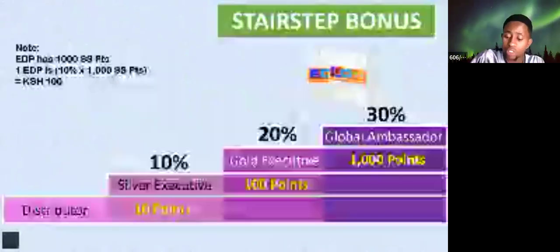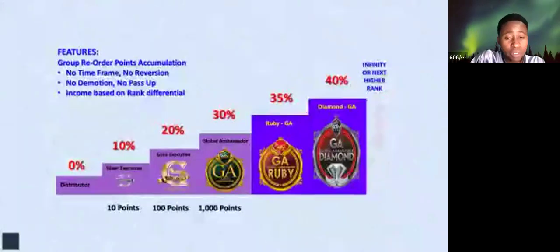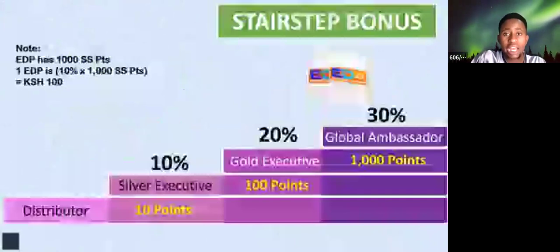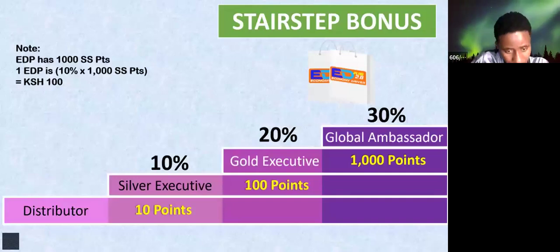Now, these percentages are the ones that are used to calculate your Unilevel, your UPP, and your Stairstep income. Now let's talk about Stairstep bonus. Stairstep bonus is earned only through packages. It doesn't matter where the packages have been bought, it is earned through packages.